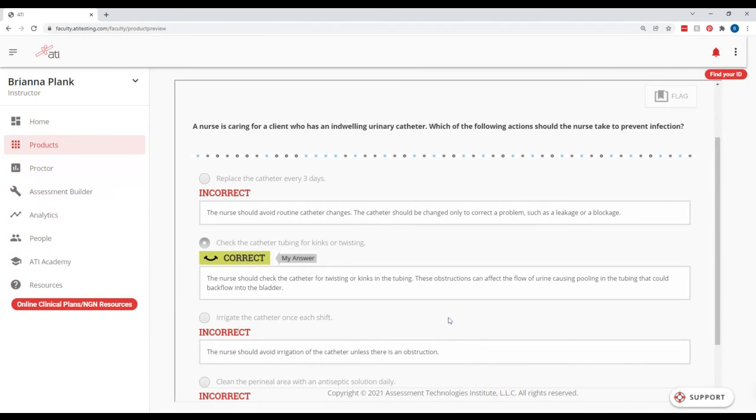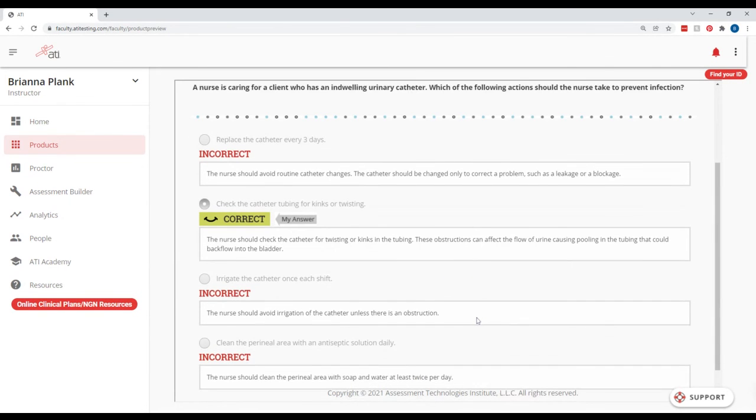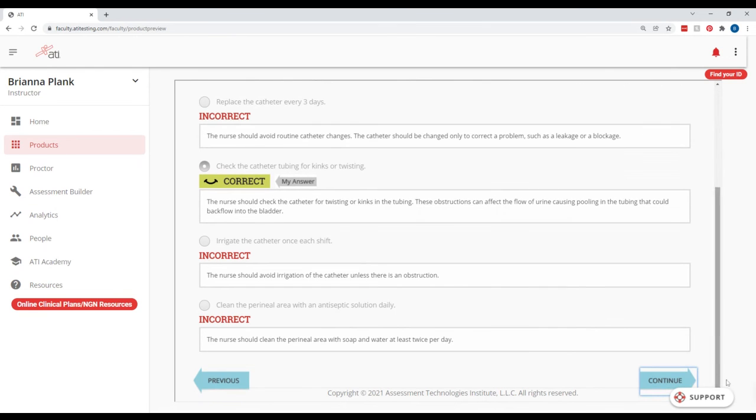We don't really want to irrigate it unless we absolutely have to because of an obstruction, because we're disturbing the sterility of the system. When we clean with soap and water, we do want to do pericare, but we don't need antiseptic solution. That sounds kind of painful.